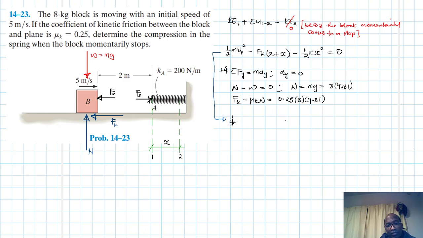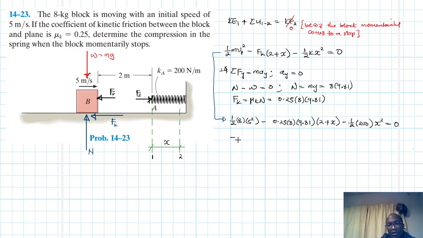Great. So rewriting this equation, we have half, our mass is 8, our initial velocity is 5, minus 0.25 times 8 times 9.81, this is the work done due to friction, then we have the displacement, 2 plus x, then minus half, the spring stiffness is 200, then x squared. Then we are saying this is equal to 0.